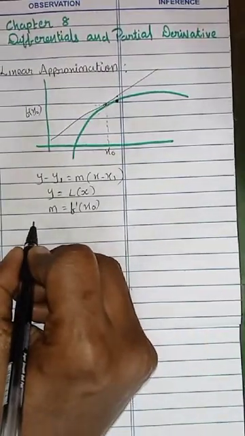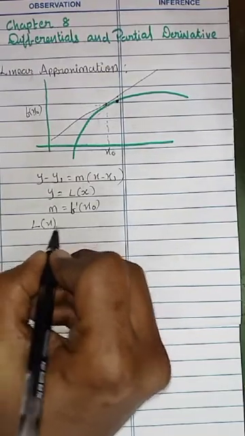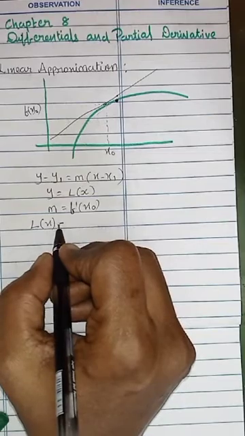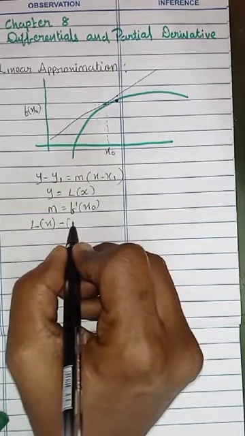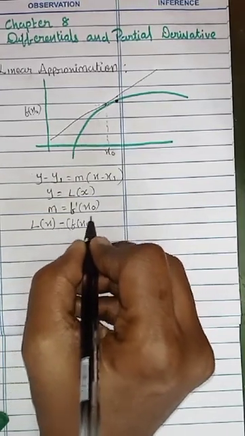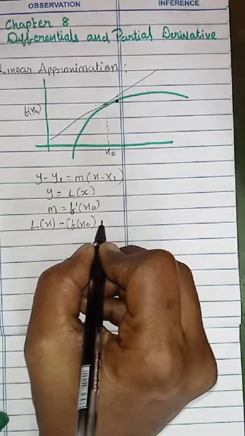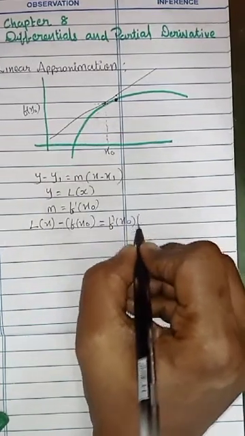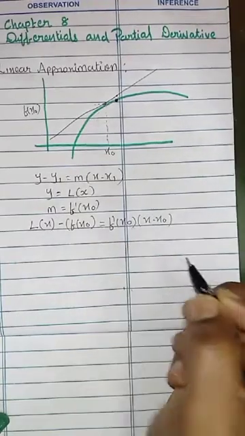So what will you get? L of x minus y1 value, which is f of x naught, equal to the m value, which is f dash of x naught, into x minus x naught, correct?